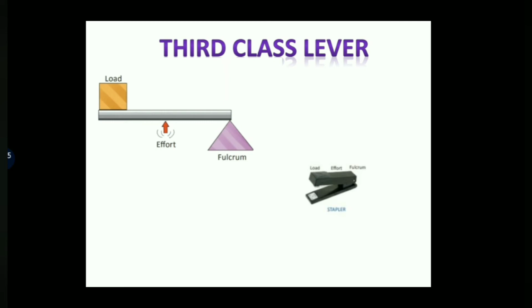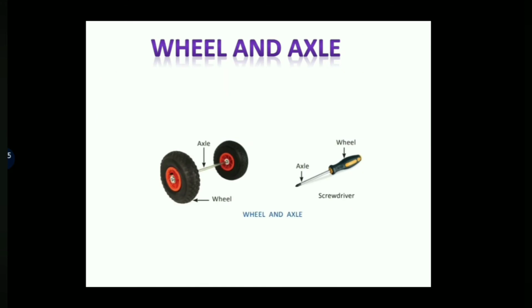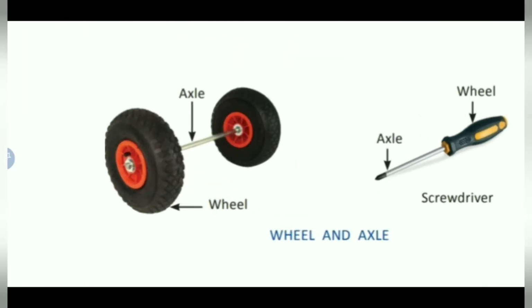Let's move on to the next, that is wheel and axle. In this diagram you can see a wheel and axle consist of a wheel that is attached to a rod. So these wheels are attached to a rod and that is the axle. So when the axle is turned, the wheel moves.